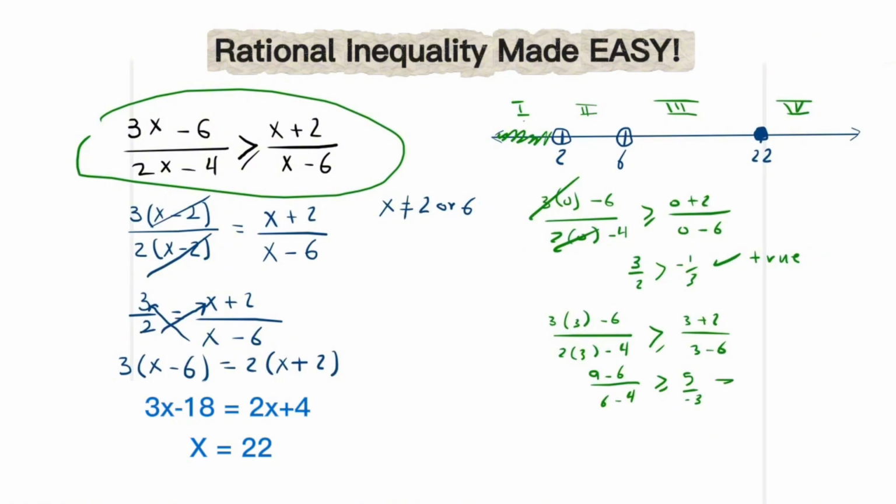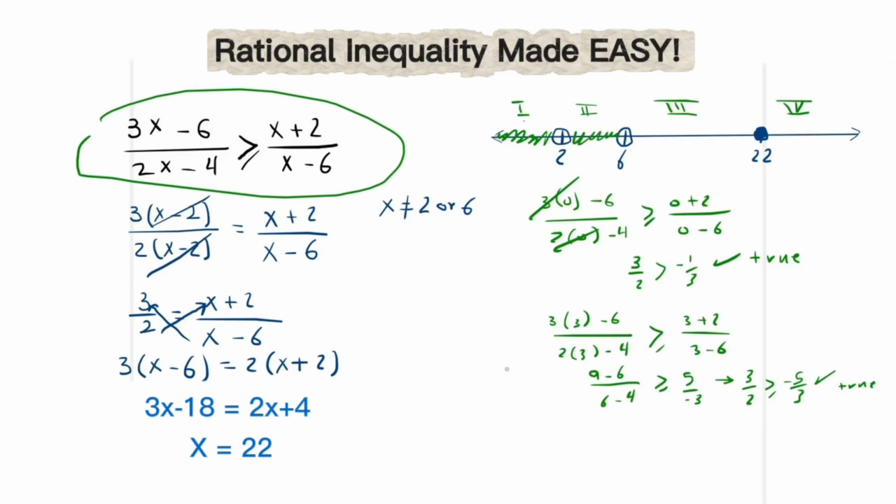And we'll end up with 3/2 is greater than or equal to -5 over 3. So a positive number obviously is definitely greater than a negative number, and therefore this is true again, and we're going to shade between the 2 and 6. So that's going to be part of our solution as well.